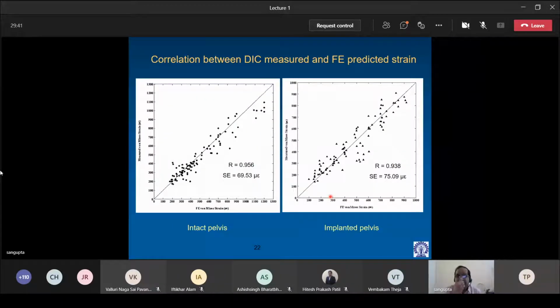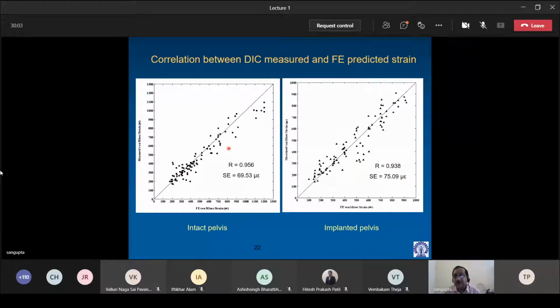Now if we try to correlate DIC measurements with FE predicted strains, on the x-axis FE strains in microstrain, on the y-axis measured strain from DIC, you can actually plot a host of data.